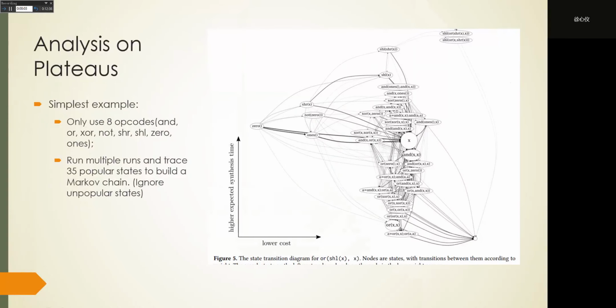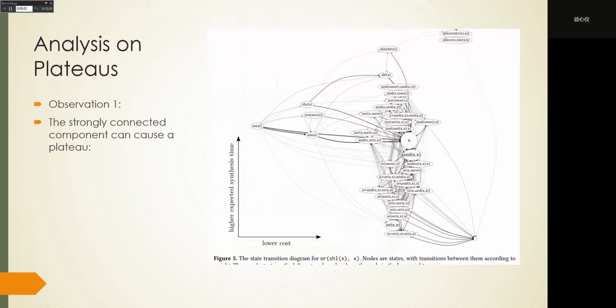Here, in order to give an explanation of the adaptive restart strategy, the straightforward strategy in the article, the article actually uses a very simple example that only contains 8 operation codes, and it only contains 35 popular states to build a Markov chain to imitate the transition between different states.